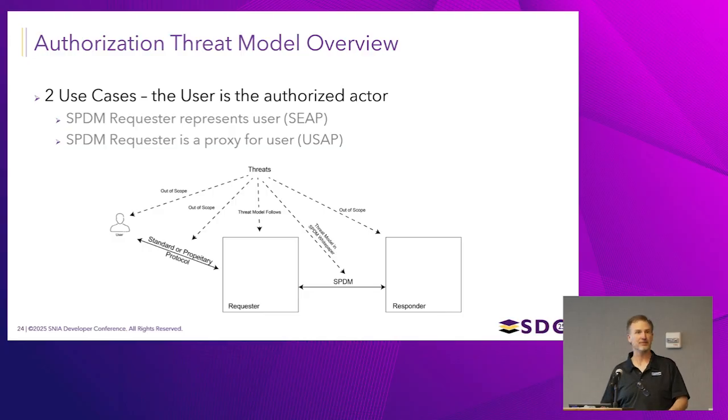What we ended up with was essentially, in typical SPDM, you're talking to a BMC, but it doesn't necessarily have to be a BMC. Either the BMC itself is authorized, or you have a user that's authorized.